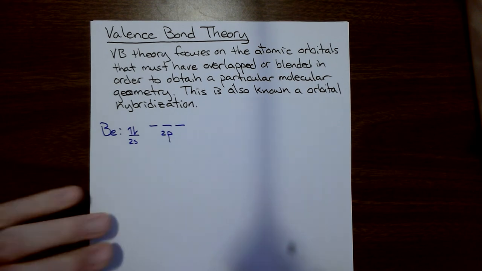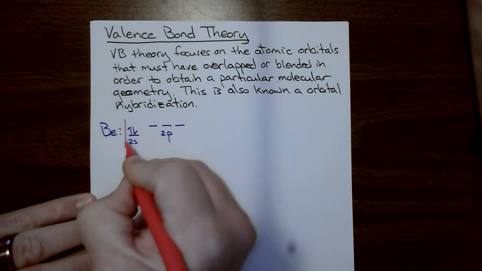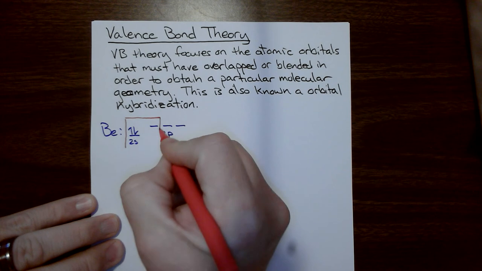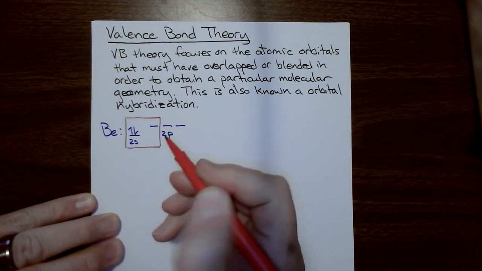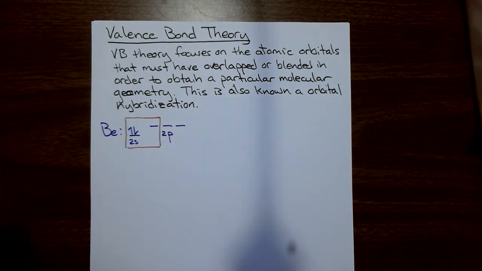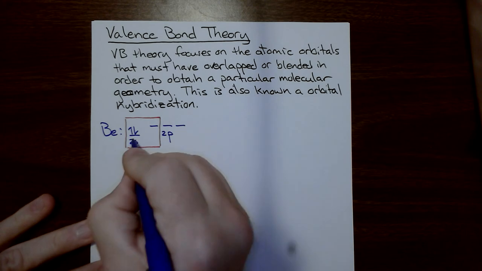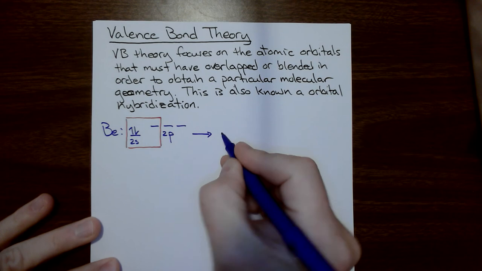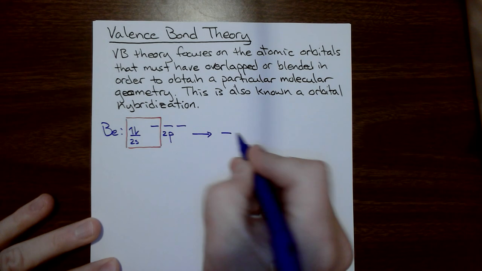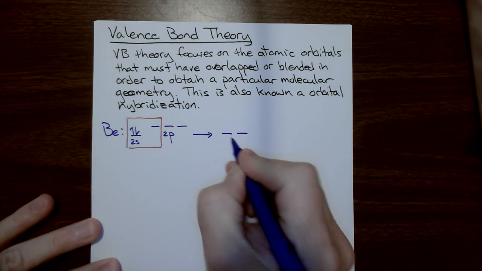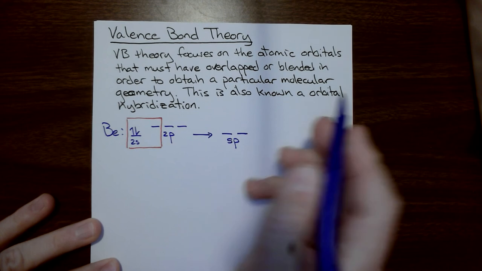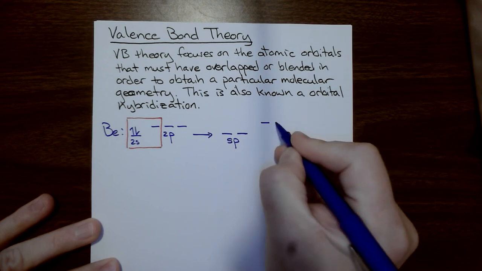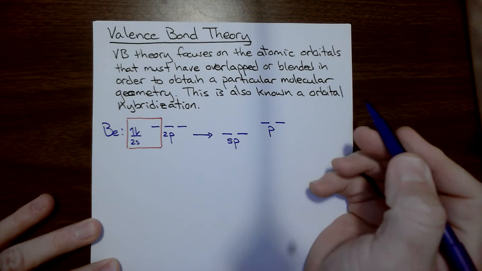In other words, it takes this s orbital and one of the p orbitals and makes orbitals of equal energy. Remember, the s is slightly lower in energy than the p. So here we have 1, 2, and these two are called sp hybridized orbitals, and then you have the 2p orbitals up here.